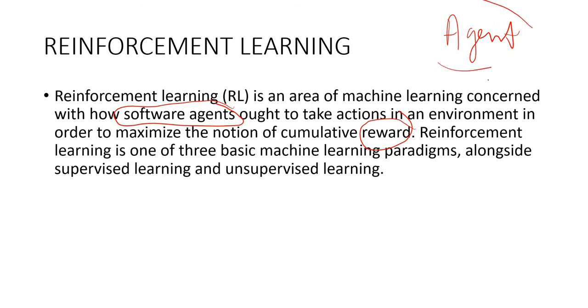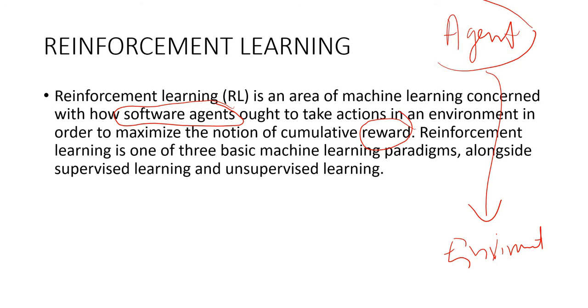This agent is in an environment. In this environment, we look at how the agent is performing. If the agent is performing well, it is rewarded. If the agent is not attaining its goals, it is penalized. Such type of learning is known as reinforcement learning.